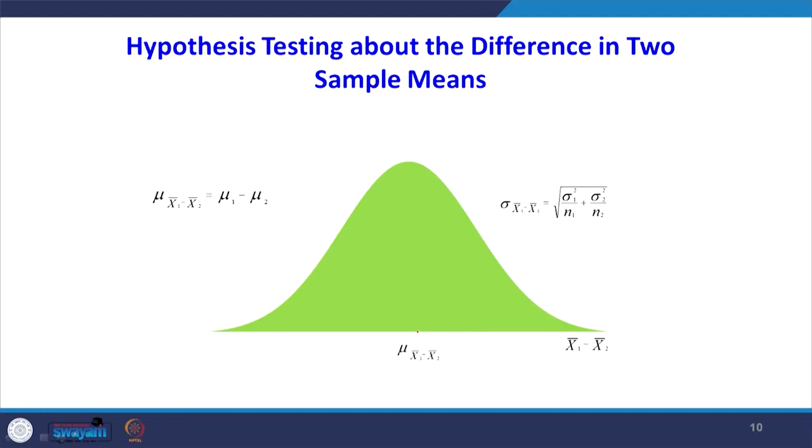The mean of this distribution is mu of x1 bar minus x2 bar. The standard deviation of this distribution is root of sigma 1 square by n1 plus sigma 2 square by n2. I have already explained how we got these values.